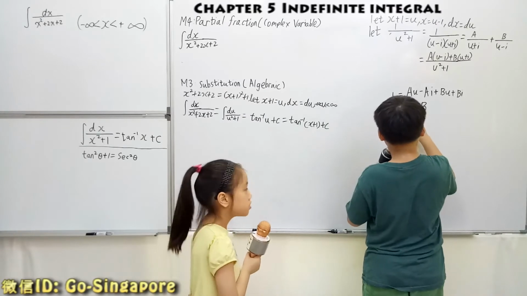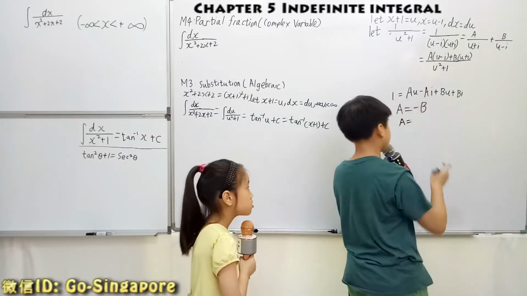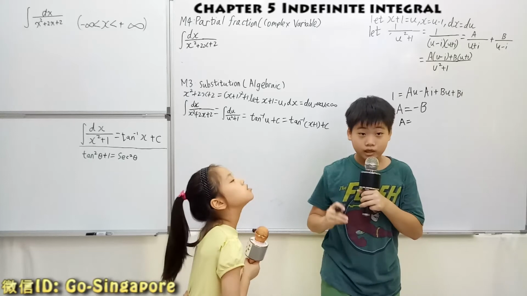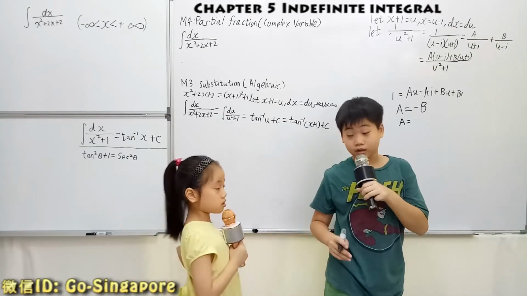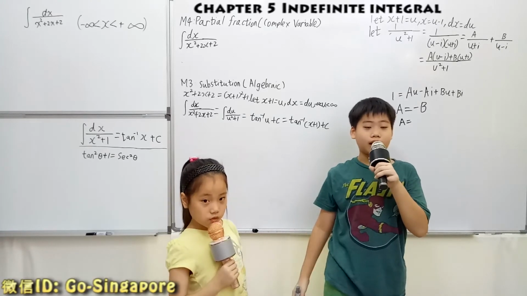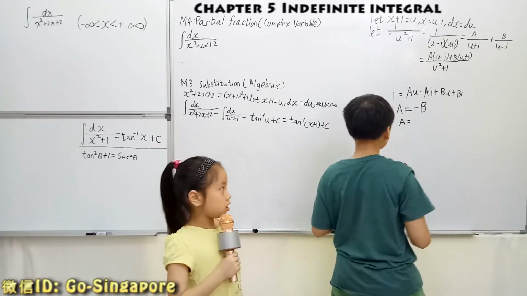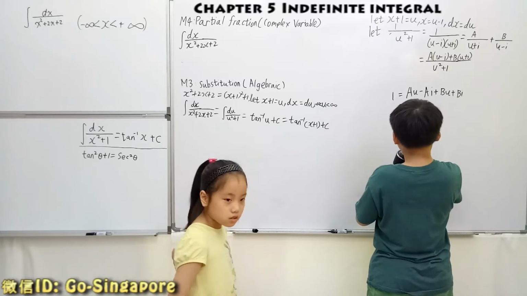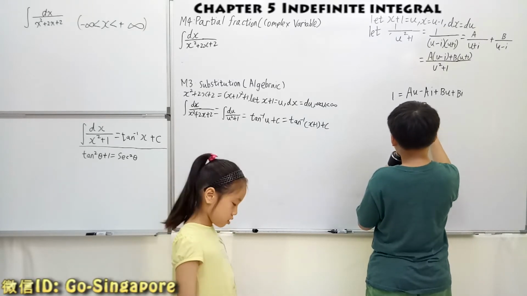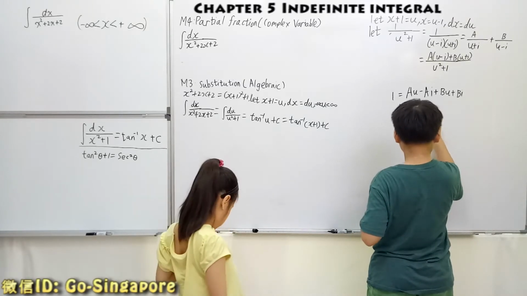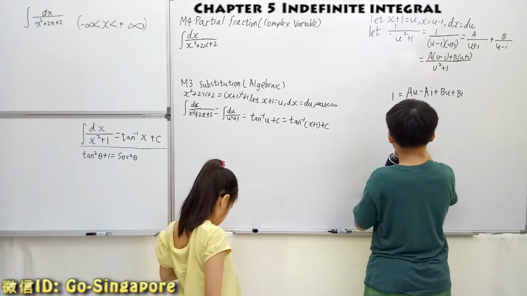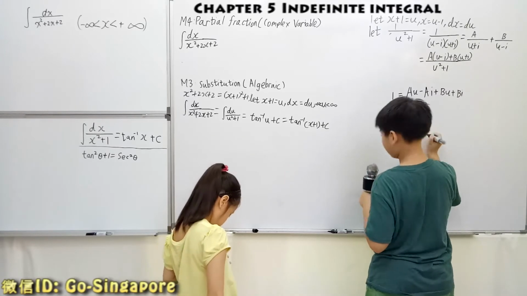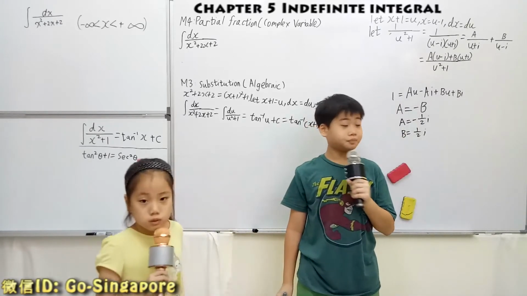So for this a, because here is a negative, and here i squared is a negative 1, for that you need a negative here. And so this b will be a half i, right? Right.